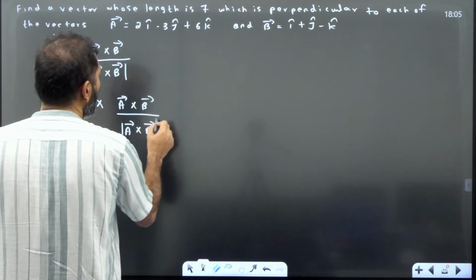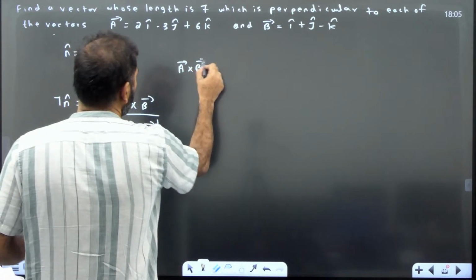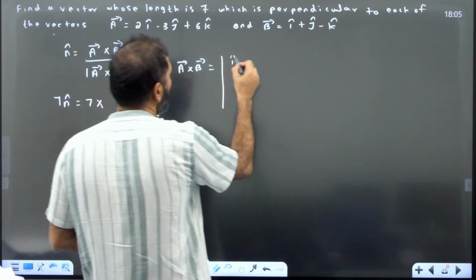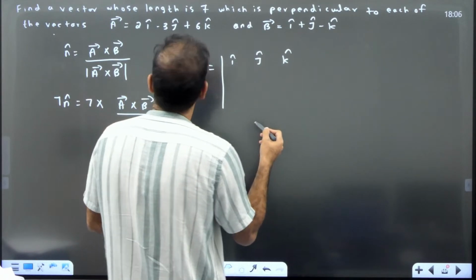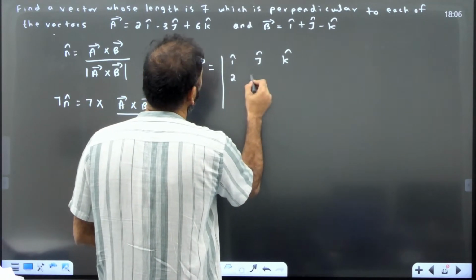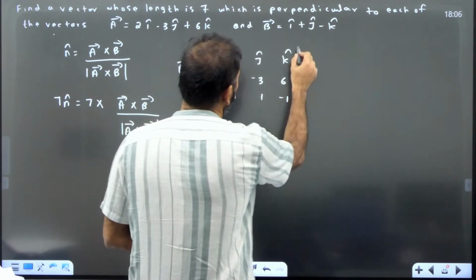First of all, you should find out A vector cross B vector. What is A vector cross B vector? i cap, j cap, k cap, then the coefficients: 2, minus 3, 6, and for B, 1, 1, minus 1.